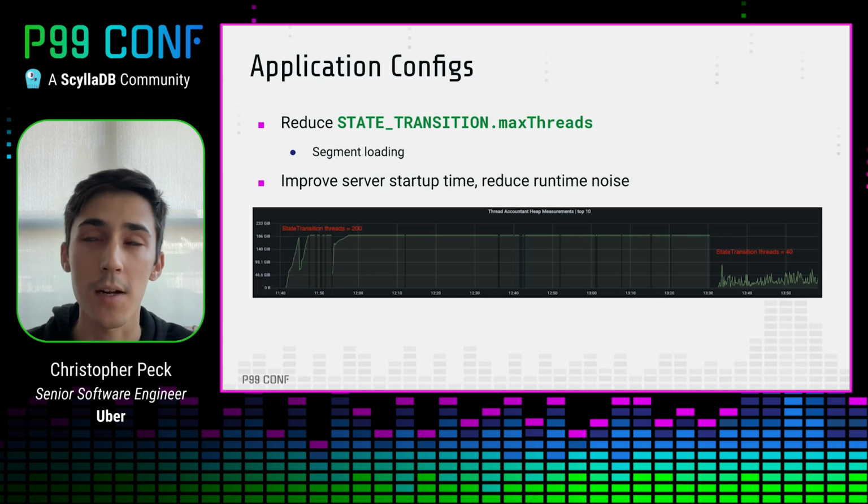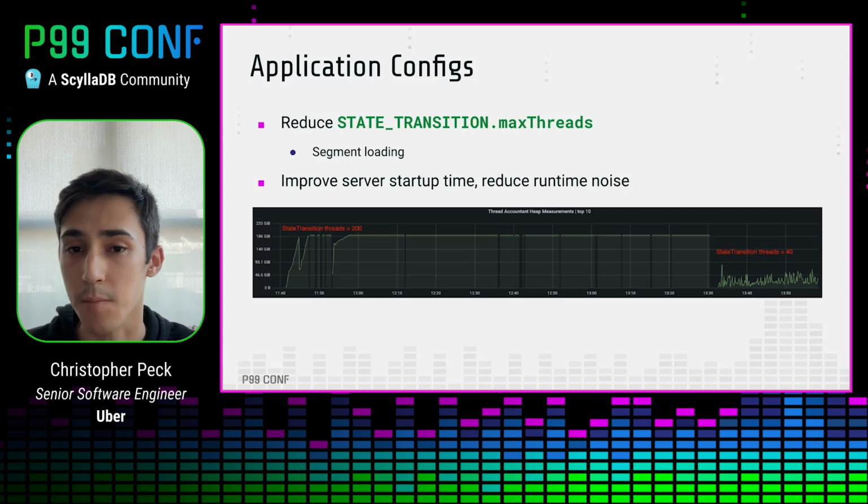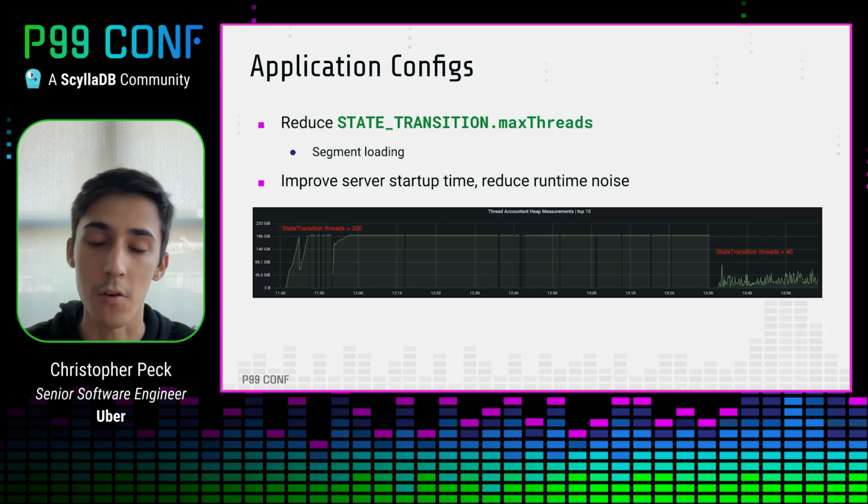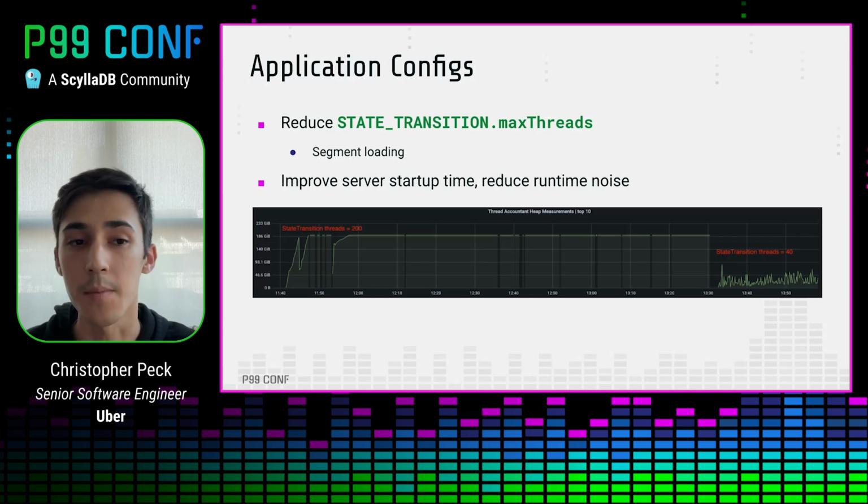There were a couple of application changes that were needed to realize this. One of the first ones was just reducing the state transition max threads. Pinot uses Apache Helix as cluster management. For example, when a server starts up, it has to load all these segments. Sometimes it rebuilds some of them.